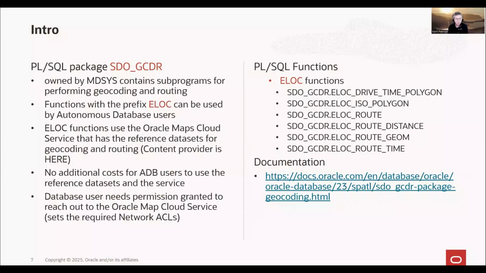GCDR stands for Geocoder. This is a package owned by the MDSYS database user, and it contains all subprograms for performing in-database geocoding and routing. The functions that have the prefix ELOC can be used by autonomous database users to do in-database routing and computations of drive-time polygons and isopolygons.